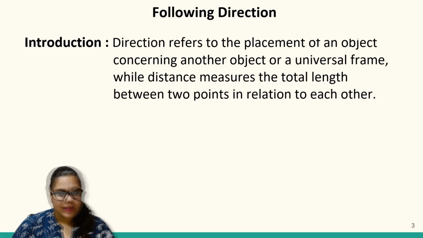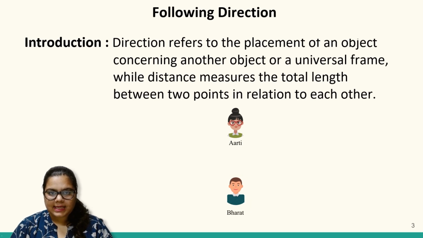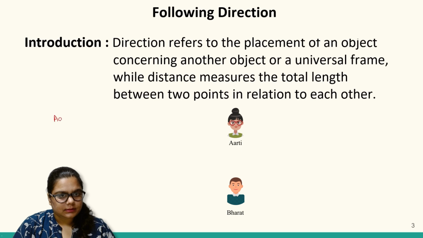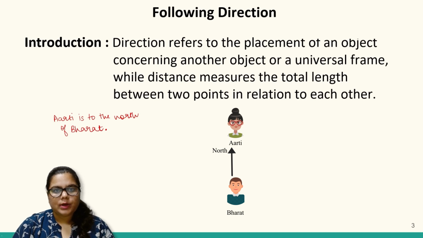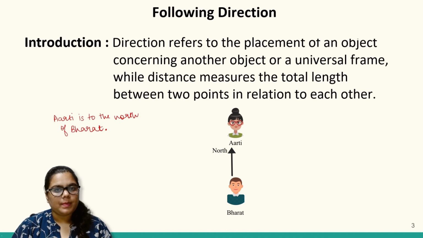Now there is another concept: how do we find a direction based on the object. For example, we have a girl named Aarti and a boy named Bharat. Now, if I have to write, I can say that Aarti is to the north of Bharat, because if you look at this position, Aarti is in the north direction with respect to Bharat.